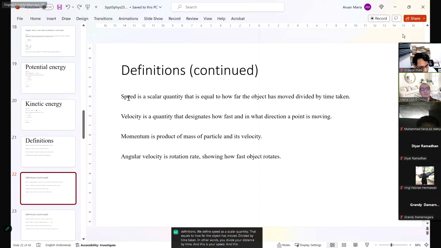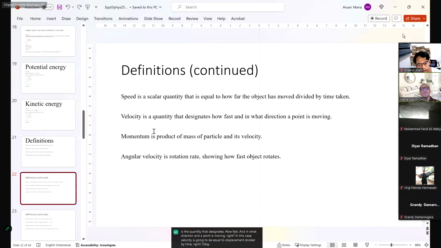And this is going to be just the number, the scalar quantity, just one number, right? But velocity is the quantity that designates how fast and in what direction a point is moving, right? In this case, velocity is going to be equal to displacement divided by time, right?